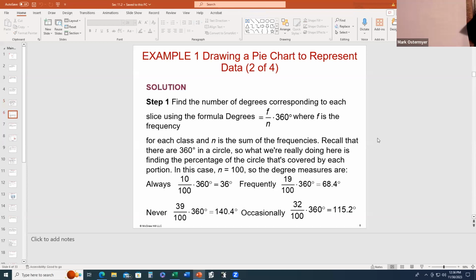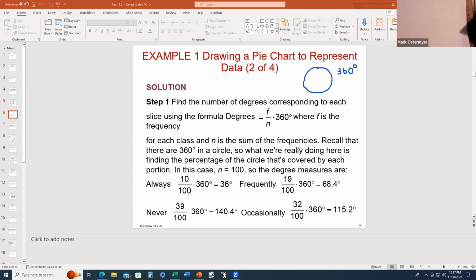Okay. Now, if you want to get technical building a pie graph or a circle graph, we know that in one circle, there's 360 degrees, correct? If you go all the way around, that's 360 degrees of rotation. All right.